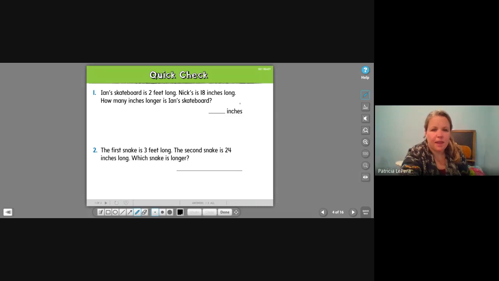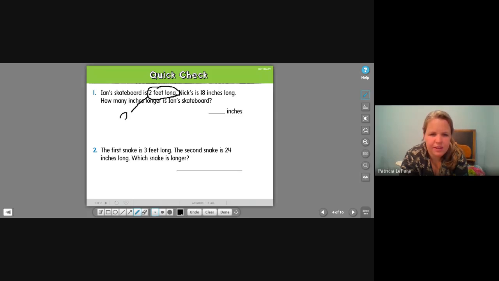So if Ian's skateboard is 2 feet long, sorry, I was trying to write, but it's not quite working. All right, let's see. 2 feet long is the same as 12 inches plus 12 inches.